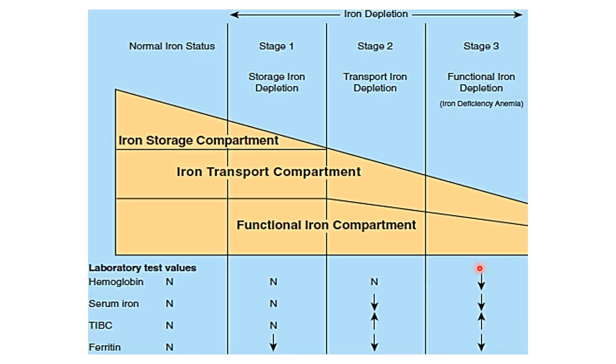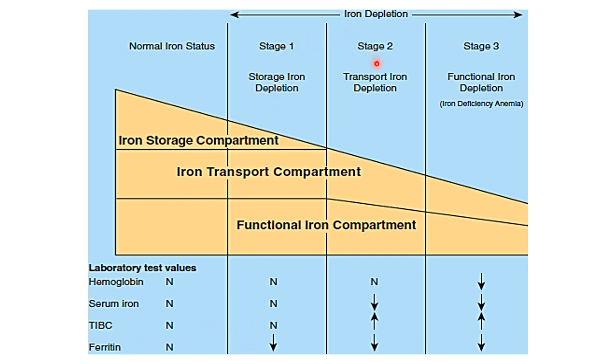We have 3 stages of iron deficiency anemia. Ang unang stage is the storage iron depletion. So, in this stage, kung mapapansin nyo sa ating laboratory testing, storage iron ang unang madideplete. So, ang ma-appreciate mo palang na mababa dito is the levels of ferritin. Okay?